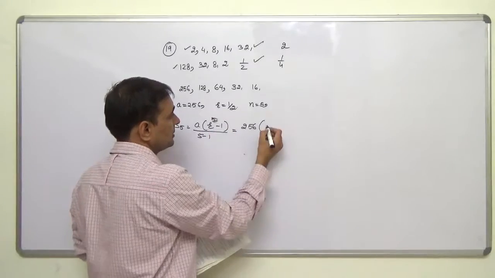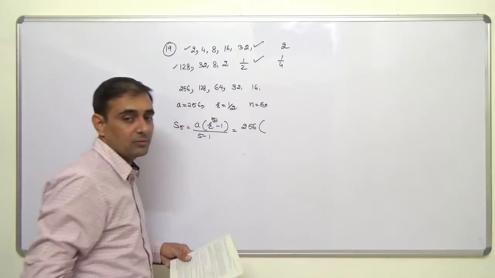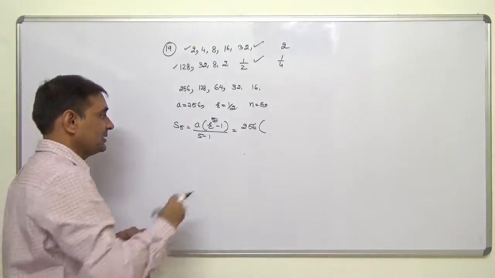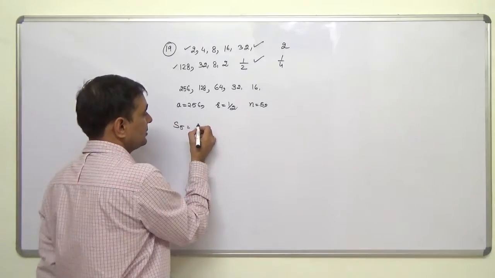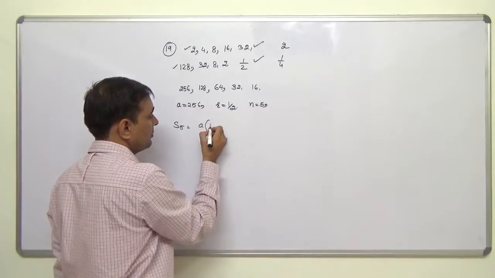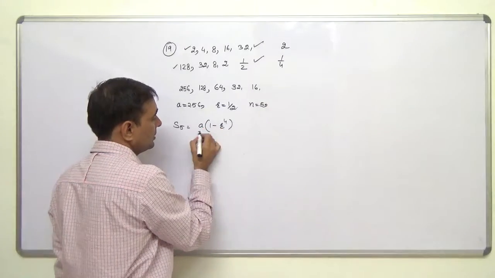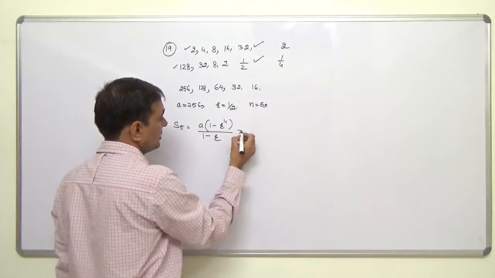Into r. Here we will apply the second formula because r is less than 1. So a into 1 minus r to the power 4 upon 1 minus r. Now what is a?